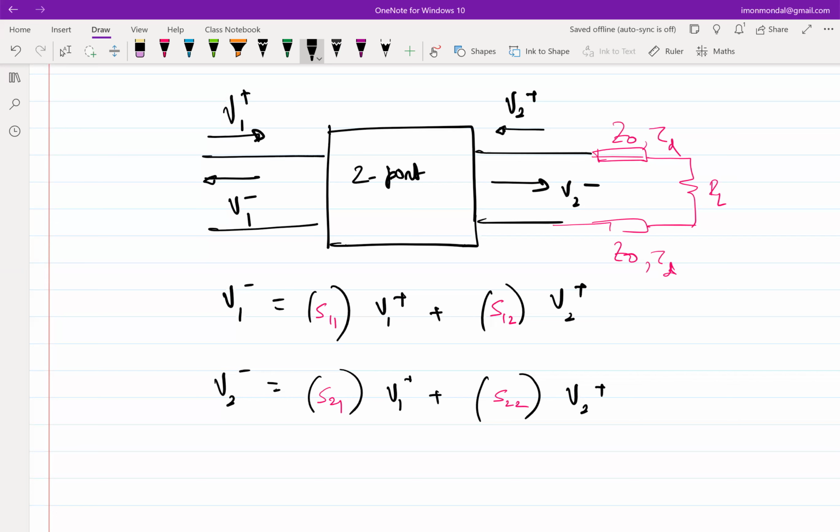But if we want to ensure the reflection goes to 0 at the load end, we have to ensure that V2 plus should go to 0, right? So fine. So if we want V2 plus to go to 0, what do we need to ensure? That RL is equal to essentially, and basically the output side is matched, right? So what do we need to ensure that the output side is matched?